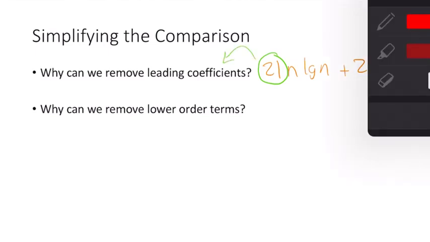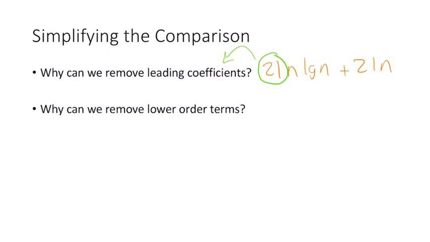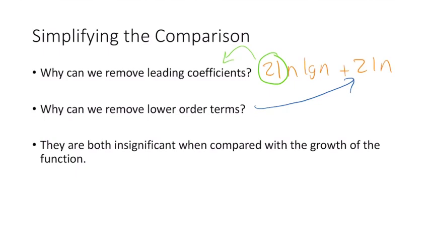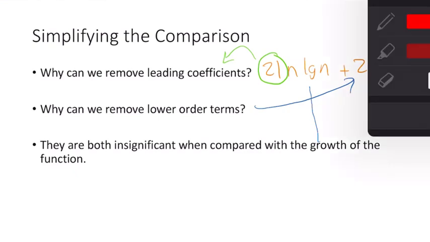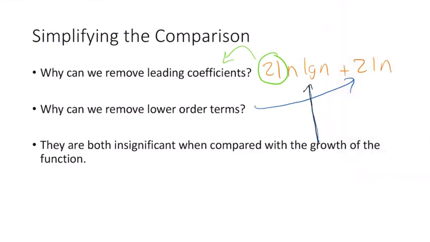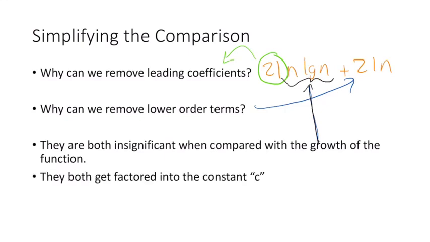The lower order terms would be the terms that aren't at the highest order of n. Both of those things are very insignificant compared to the growth of the function. What's the growth of the function? Let me use a third color. The growth of the function is just the highest order of n. So basically those other things get factored into that constant c when you do the proof.